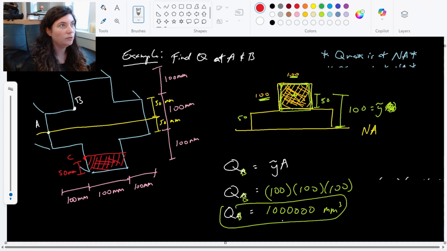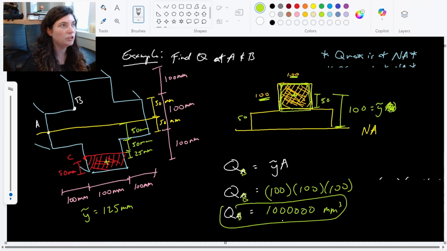So my centroid, still measured from the neutral axis down, of this shape is going to be 25 millimeters from C, and then I know that this distance is 50 millimeters, and this distance is 50 millimeters, so that gives me a total y tilde of 50 plus 50 plus 25, 125 millimeters.